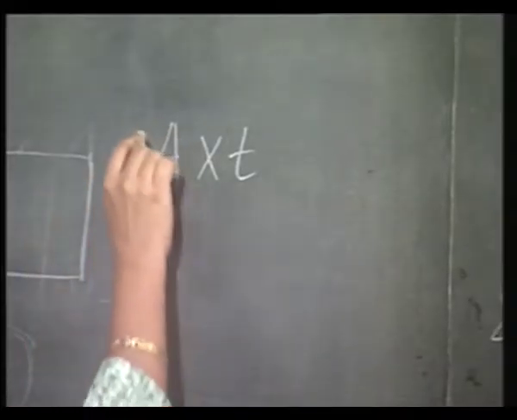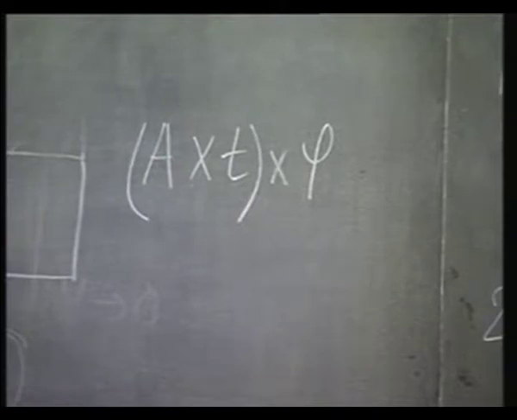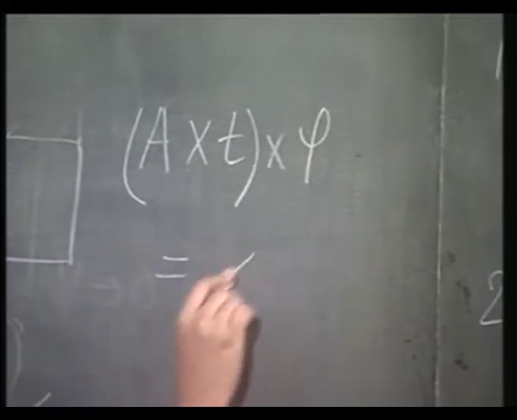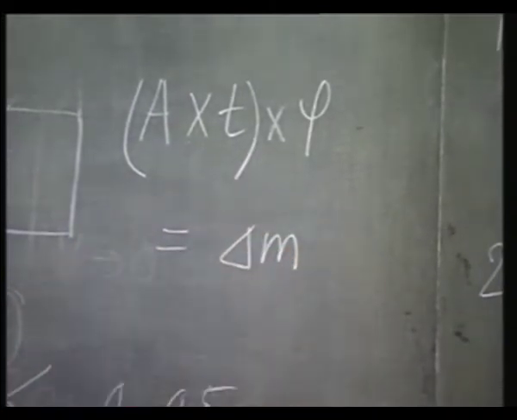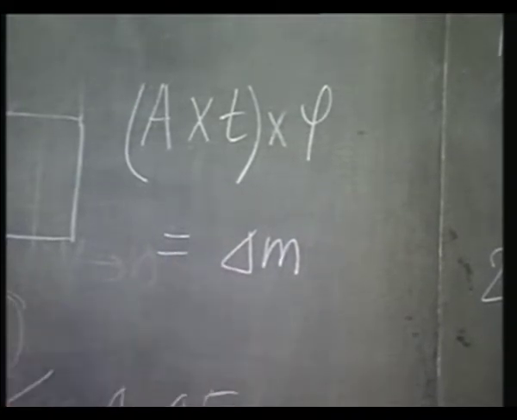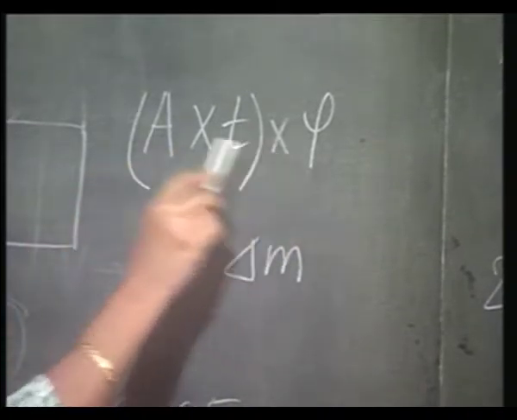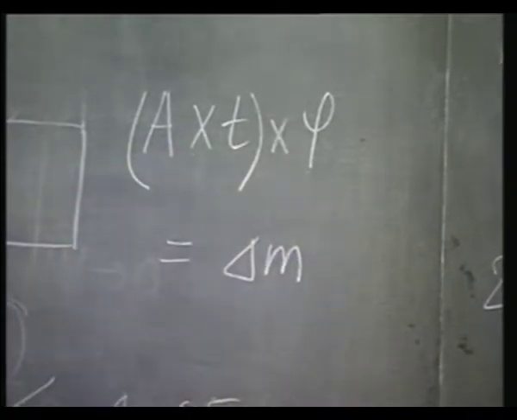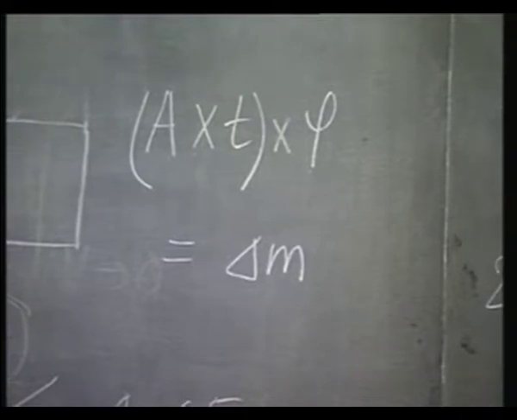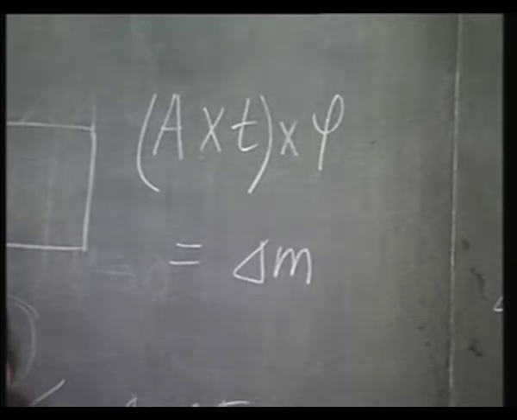So, A into T into the density of the metal rho will be equal to the mass of the metal that is deposited. You can measure this incremental weight gain, and knowing A and rho you can find the thickness of the metal that is deposited.